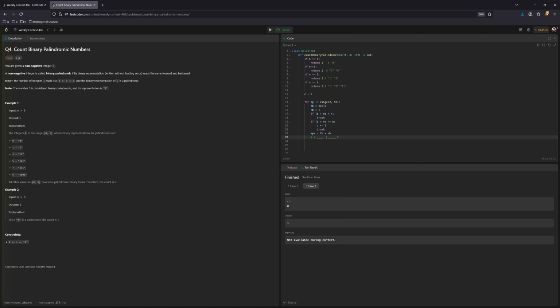I mean, it almost feels like we need the recursion aspect. No, recursion is dumb. Okay. Num bits equals two?